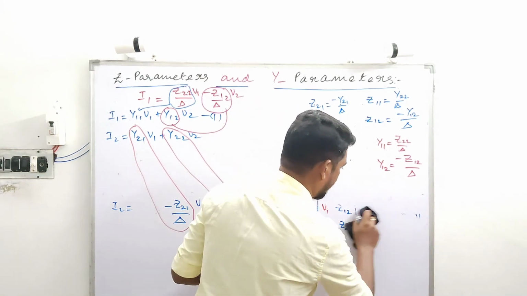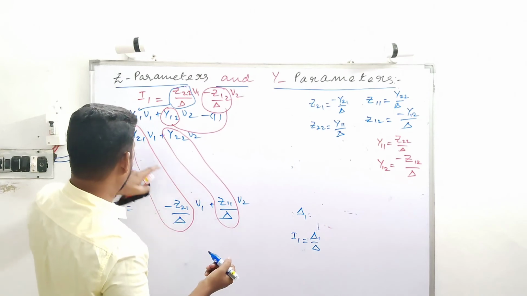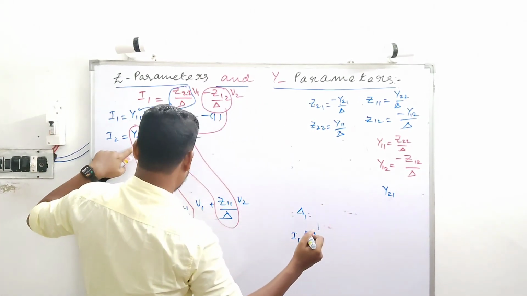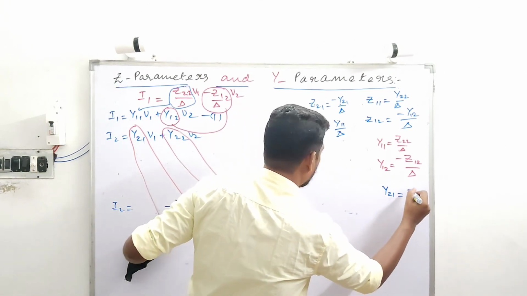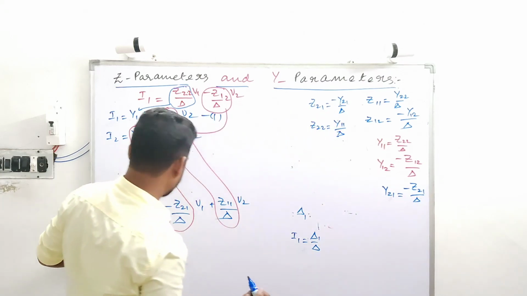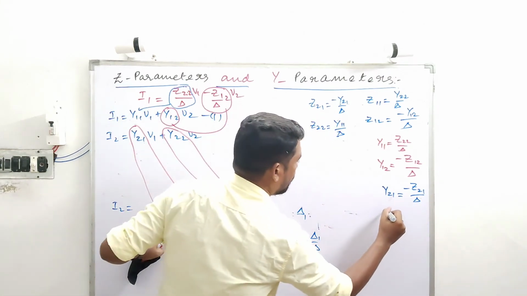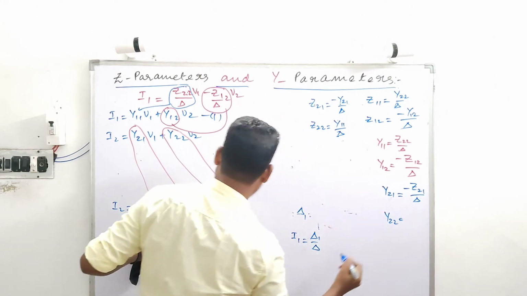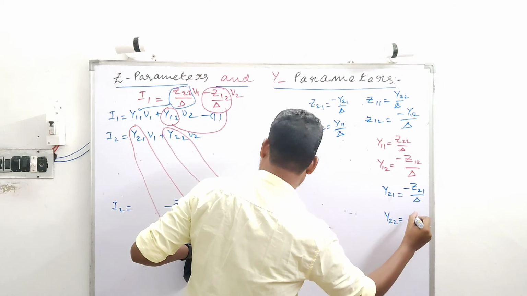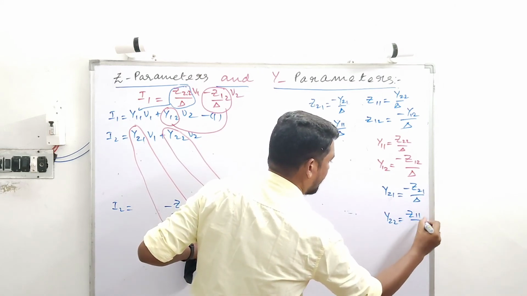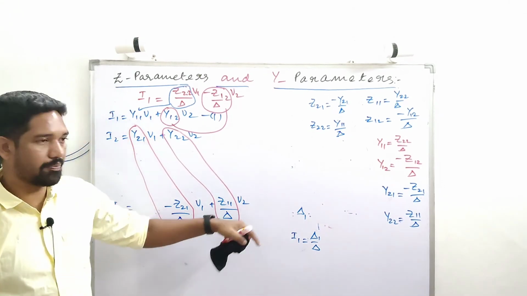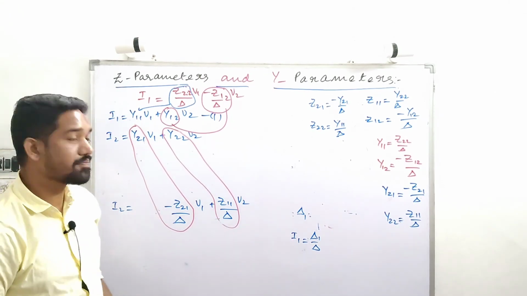This is how we express y parameters in terms of z parameters. y21 will be equal to negative z21 by del, and in the same way y22 is z11 by del. So what is del over here? The cross multiplication, the determinant of the main matrix. All right, so hope you understood. Thanks for watching.